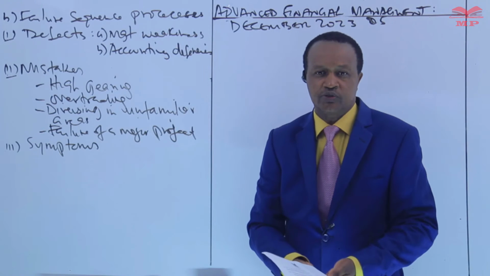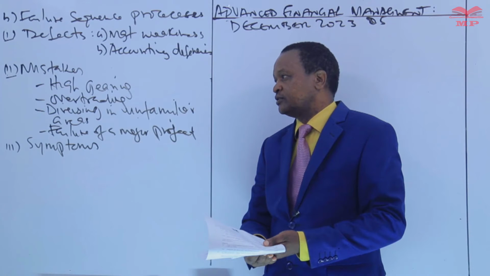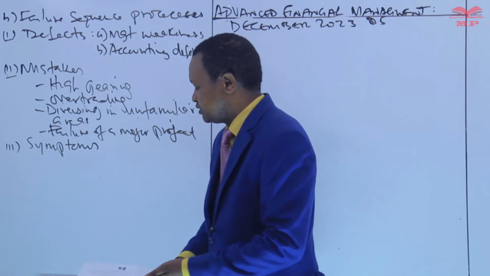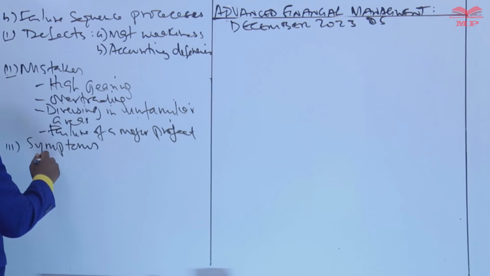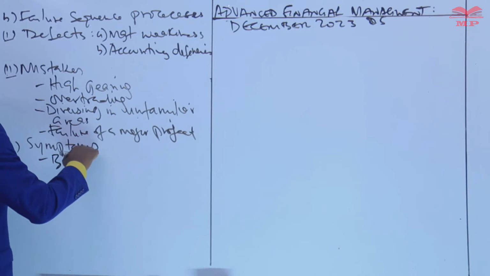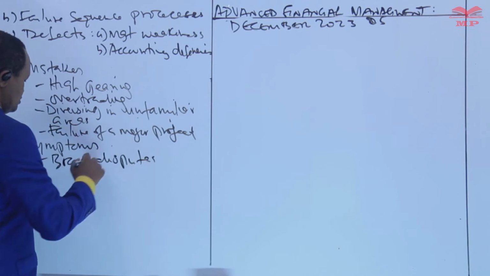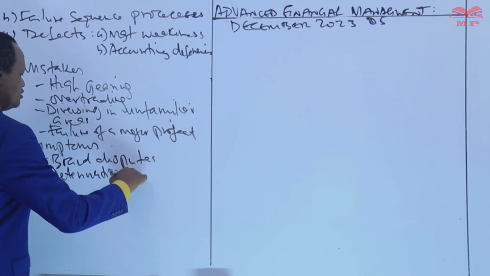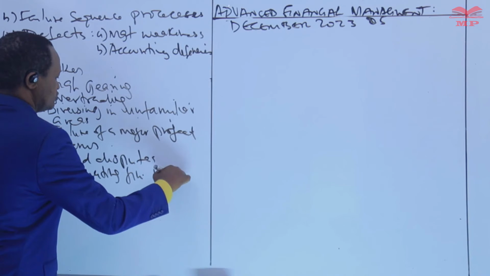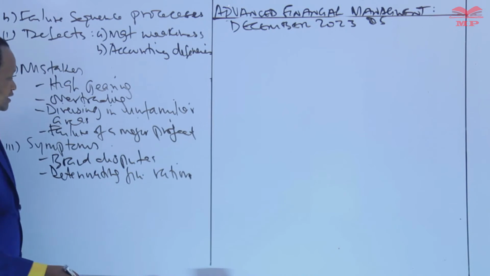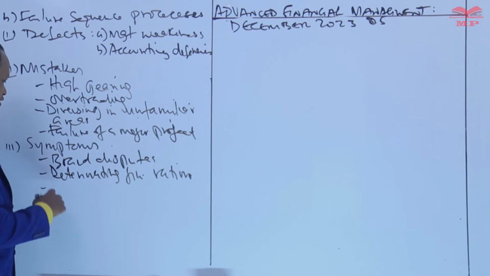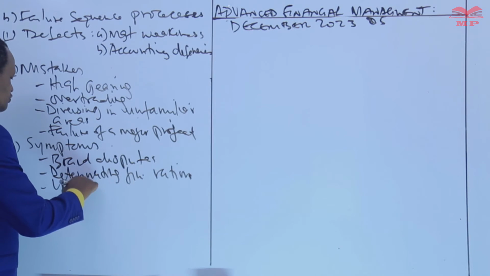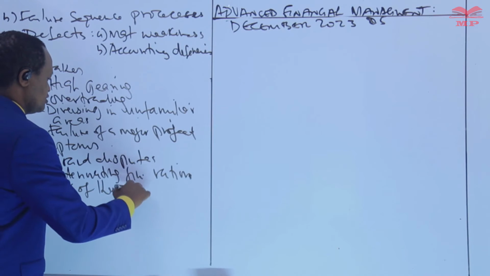Symptoms can include things like deteriorating financial ratios, board disputes. These are symptoms of corporate failure. The company may also experience loss of key personnel.